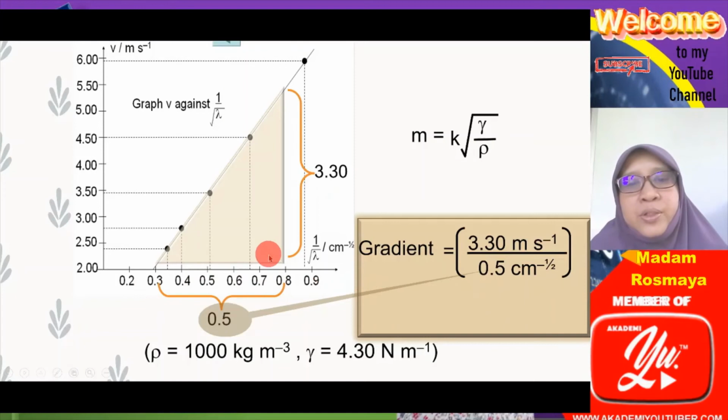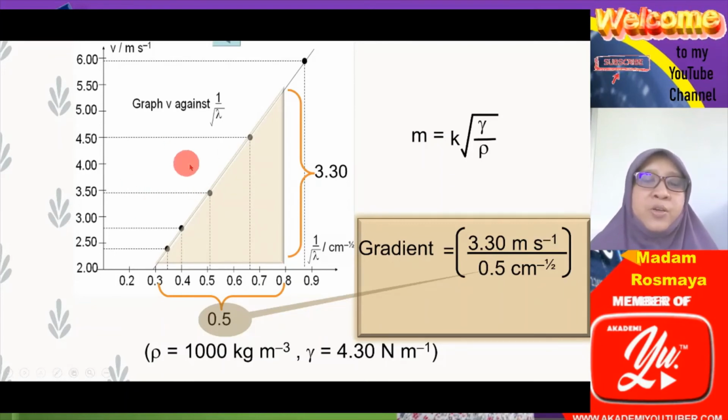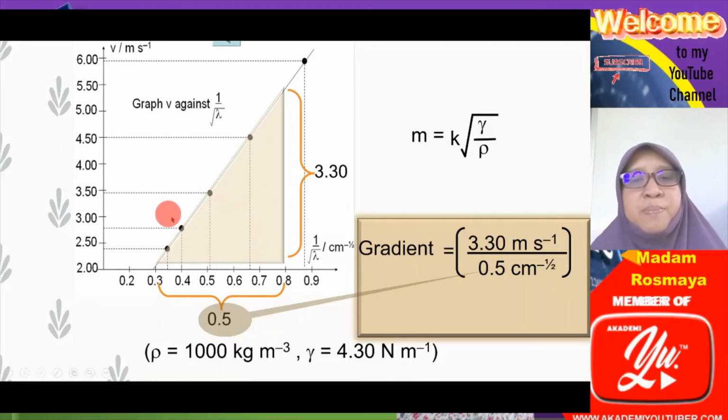You will get a more accurate reading if you plot the points on graph paper, but I didn't use graph paper here. So these are the two values, the vertical length and the horizontal length.